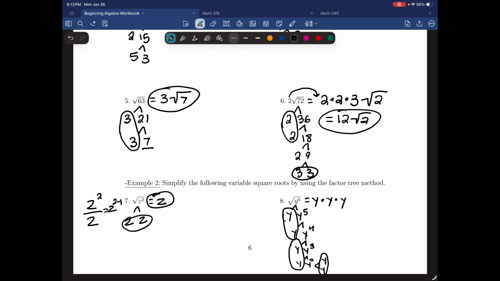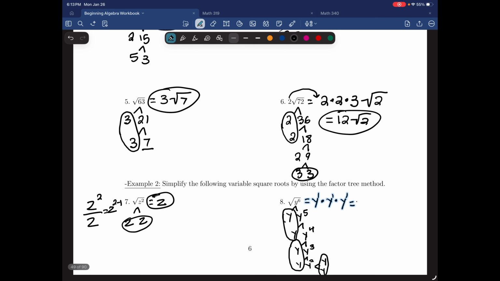Well, using our rules of exponents, we know that these y's essentially have an exponent of 1, because anything raised to the first power is just itself. And when we multiply, we add our exponents, so we get y to the 1 plus 1 plus 1, which equals y cubed.